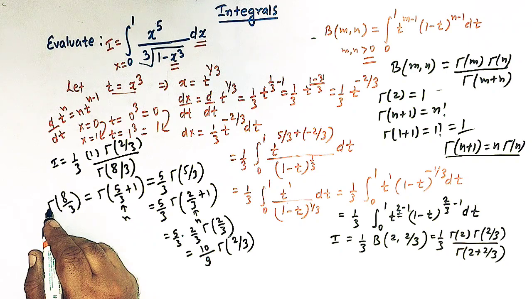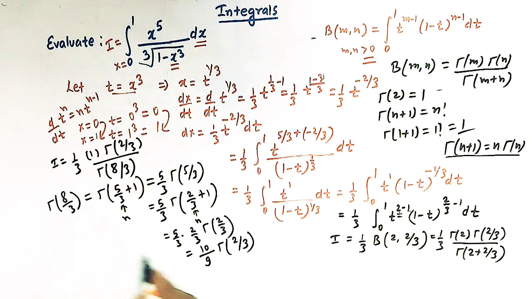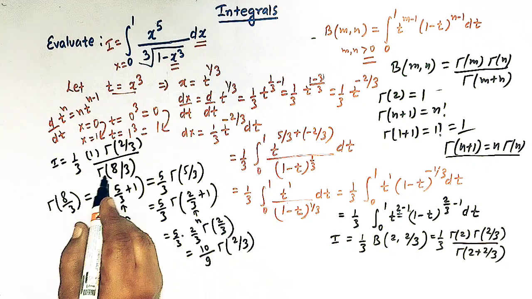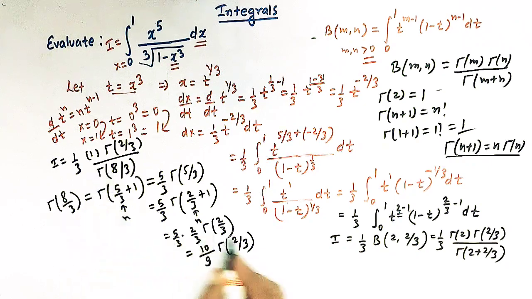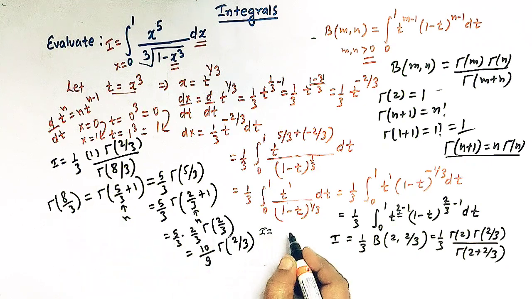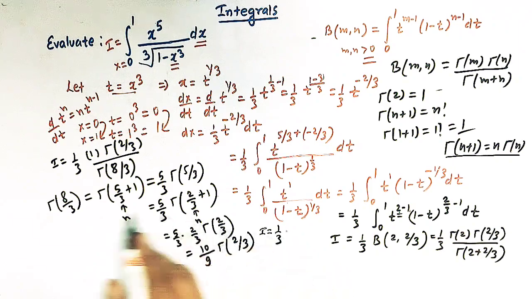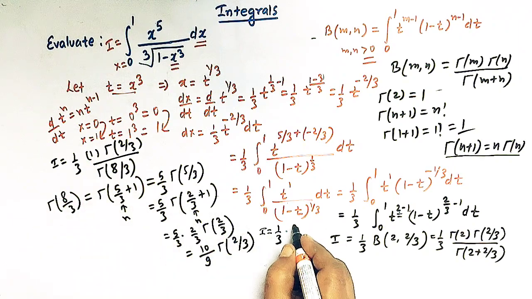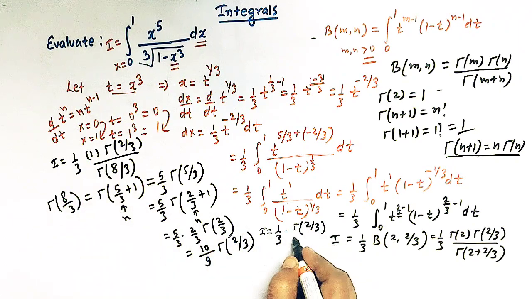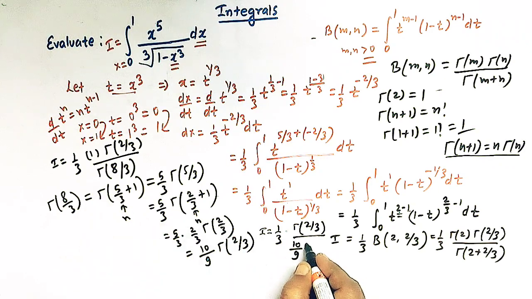So now substituting this value of gamma 8 over 3 as 10 over 9 times gamma 2 over 3 in this expression, I is now equal to 1 over 3. This is 1, and we have simply gamma 2 over 3, and this is 10 over 9 gamma 2 over 3.